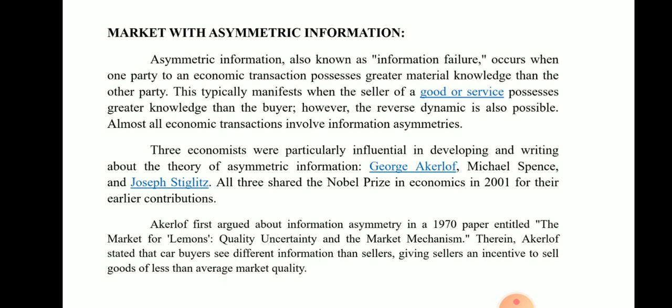Akerlof first argued about information asymmetry in a 1970 paper entitled The Market for Lemons: Quality Uncertainty and the Market Mechanism. Therein, Akerlof stated that car buyers see different information than sellers, giving sellers an incentive to sell goods of less than average market quality.